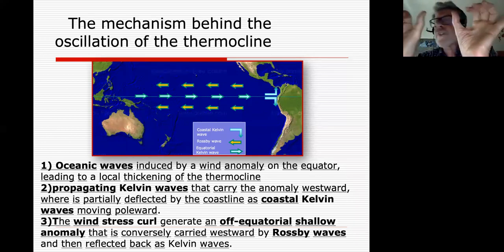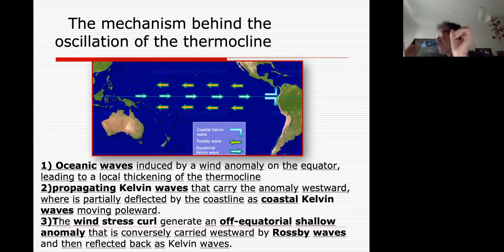Unfortunately, the two trains of waves cannot be of the same nature, because we may remember well that the Kelvin waves go only eastward, while the Rossby waves can go westward. It's interesting to remember that the Kelvin waves are strictly connected to the equator, so equatorial.